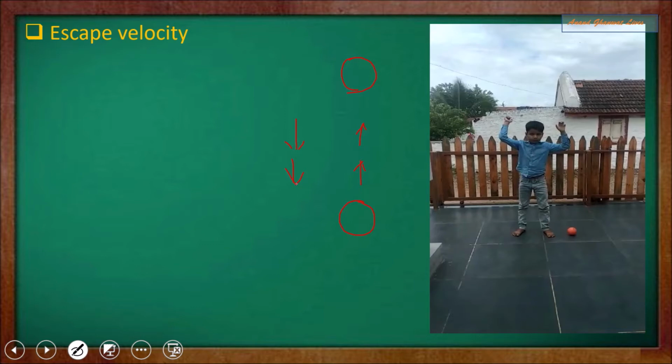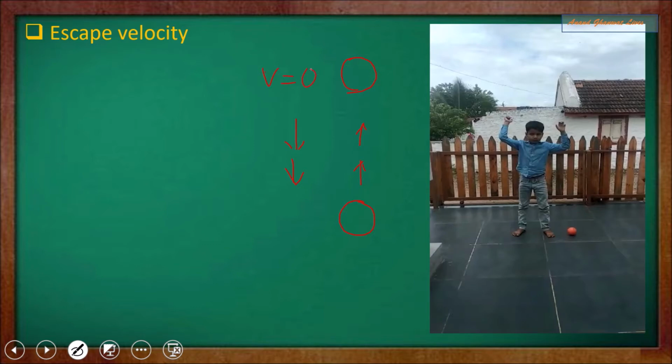Because of that force, the velocity of the ball decreases with respect to time, and at a certain time the velocity of the ball becomes zero.